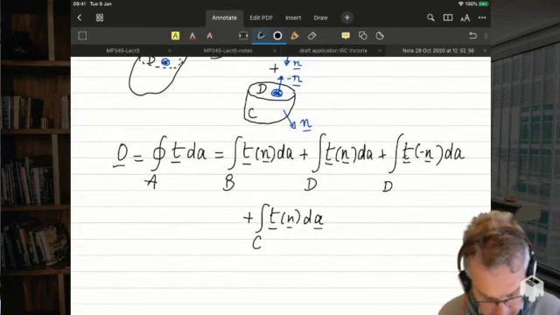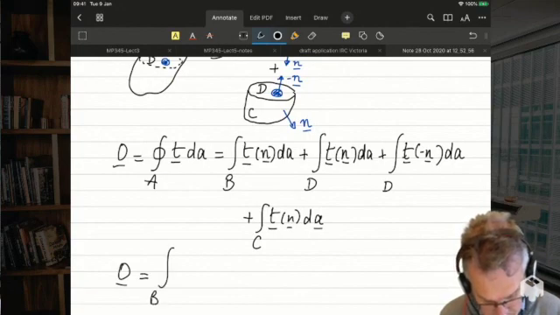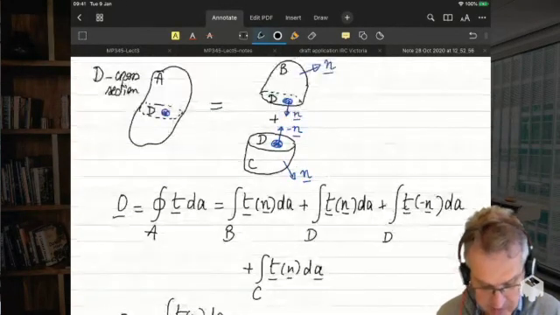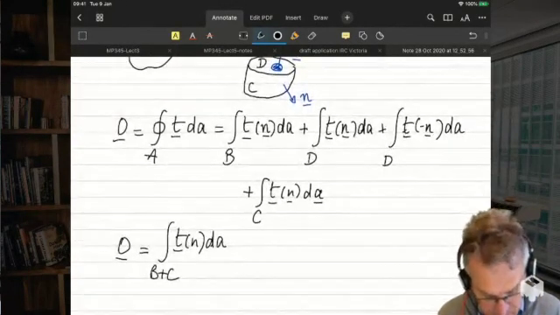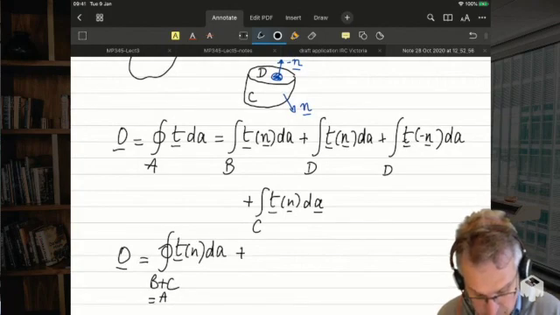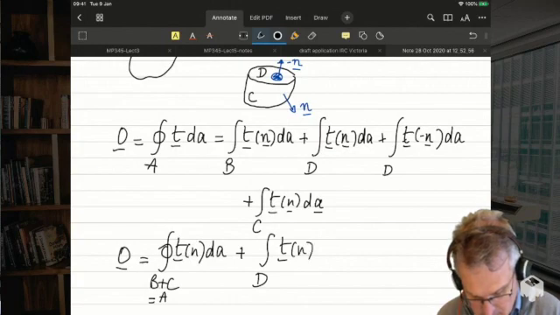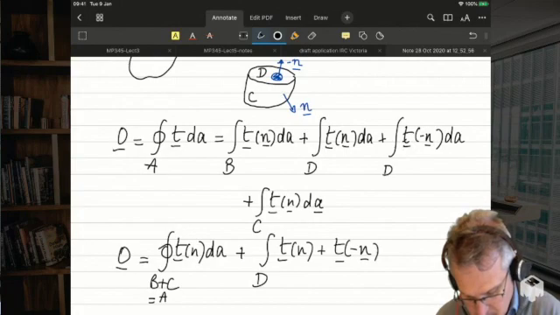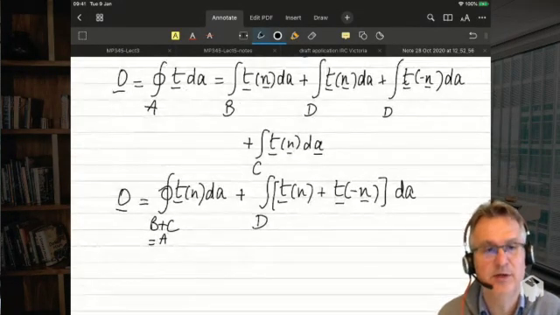All right. And then B and C, I can bring it together. And then if I look at B and C together, I have a closed surface here. In fact, B and C, that's A in surface term. And then I have two integrals of D that I can also bring together.